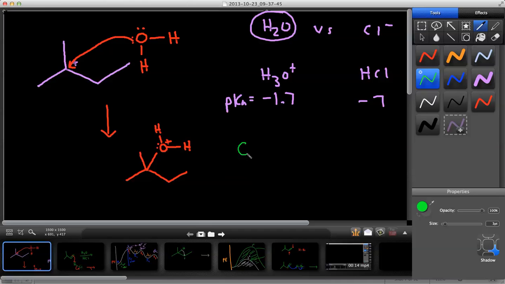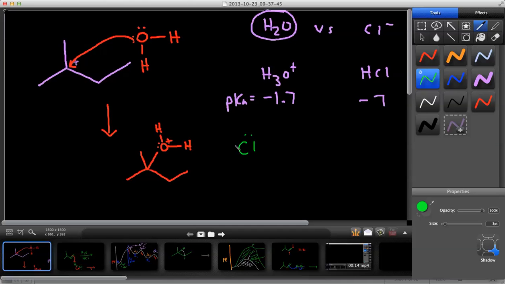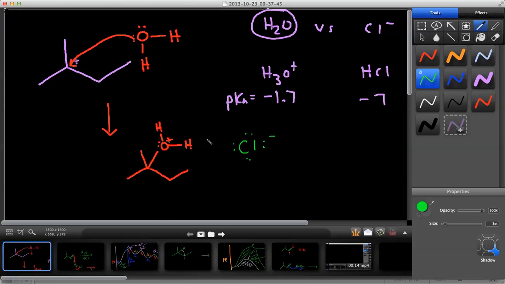Remember, we had generated Cl- in solution, and now that Cl- will deprotonate to neutralize all of our species. So now we'll have HCl as a regenerated catalyst. We will also have the tertiary alcohol.